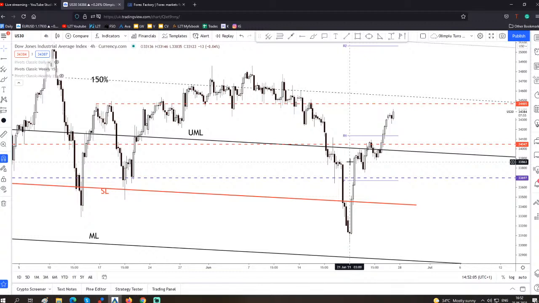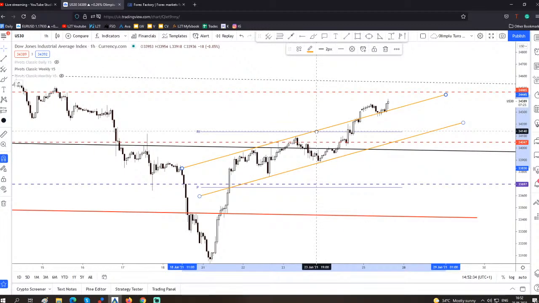The US 30 is bullish. So for those who are VIP members, you already have this trade. Right now it's too late to buy it.